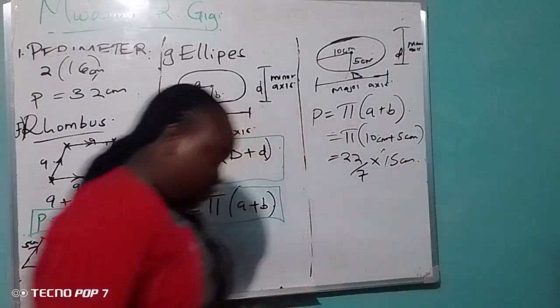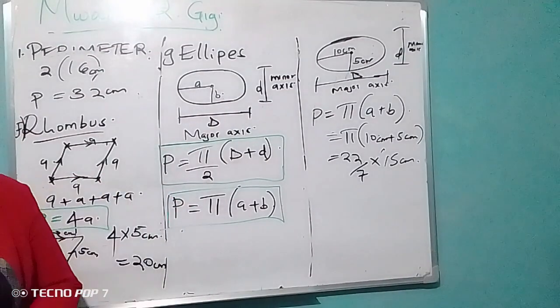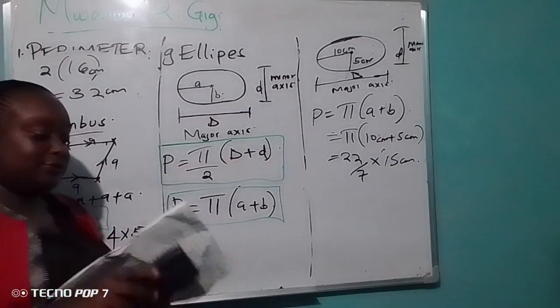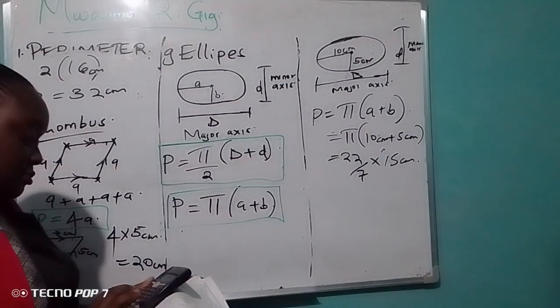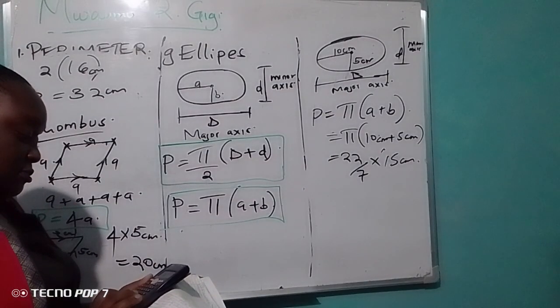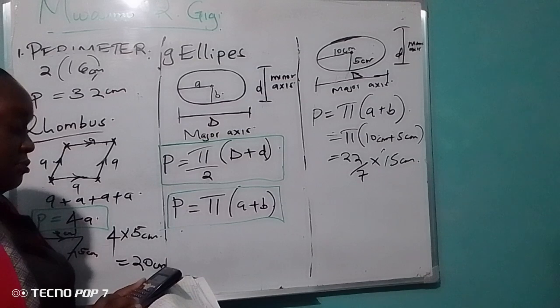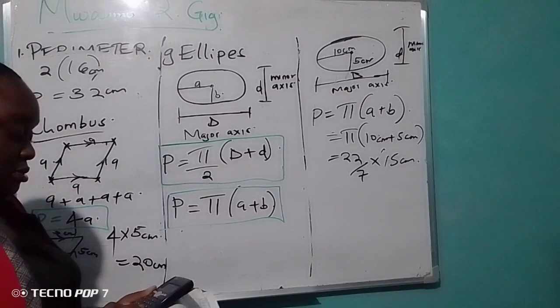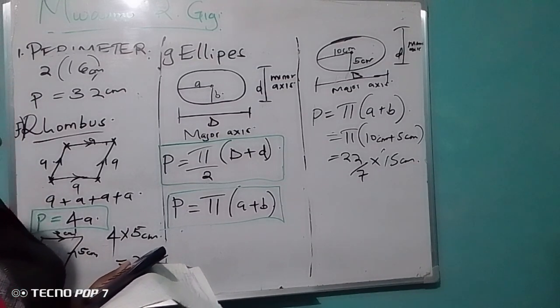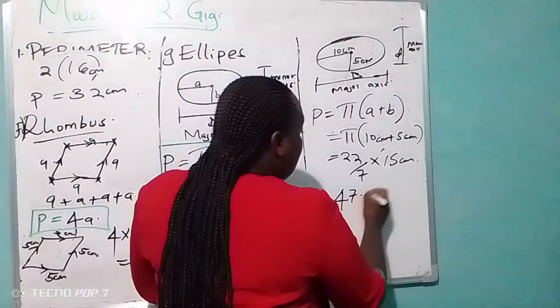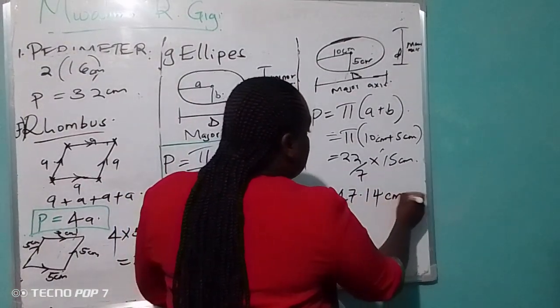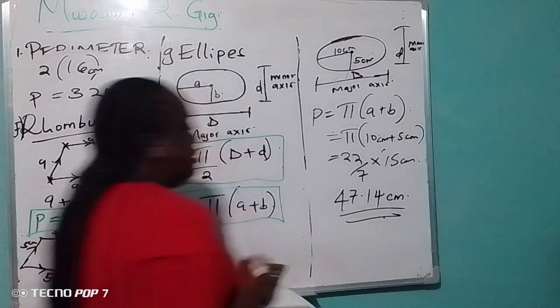So in our case tukitumia hapo calculator, it's 47.14 centimeters.